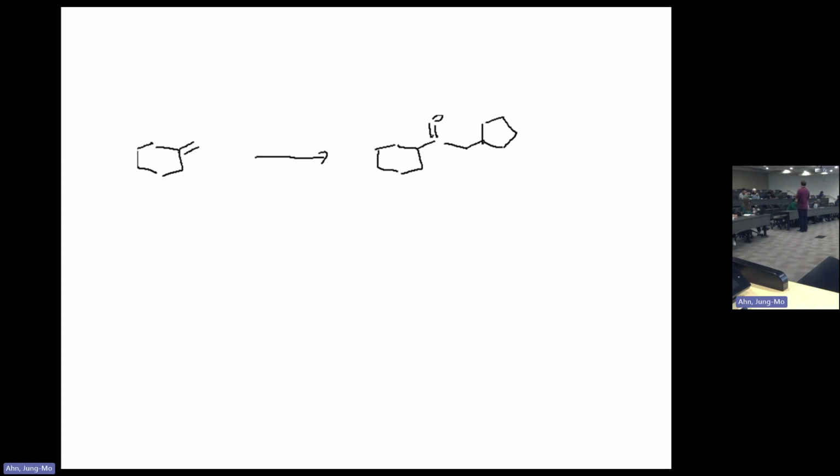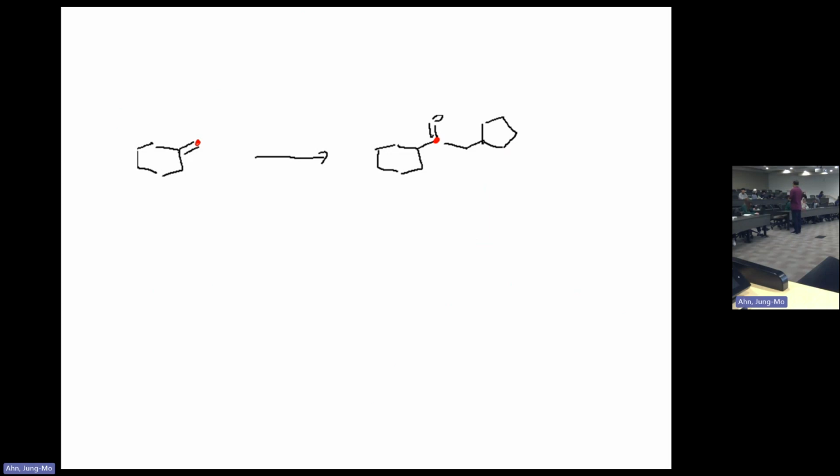How are you going to make that? You can clearly notice that this six-member ring must be that one. So that means that this carbon is this carbon. But we don't have any oxygen there, nothing. Then what do you need to do? We're going to add an oxygen here, right? Make an alcohol there. So we're going to do the hydration reaction. What do we really need to do that?